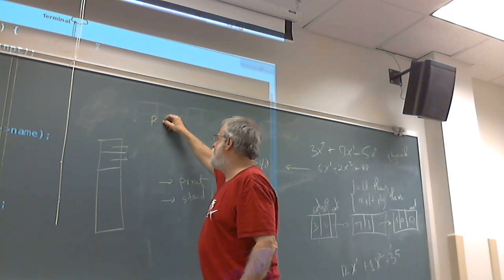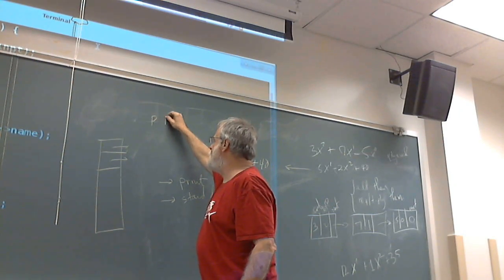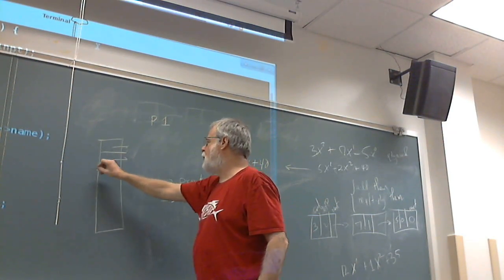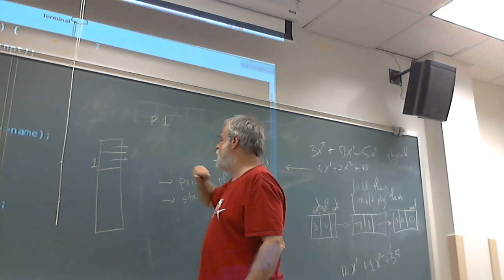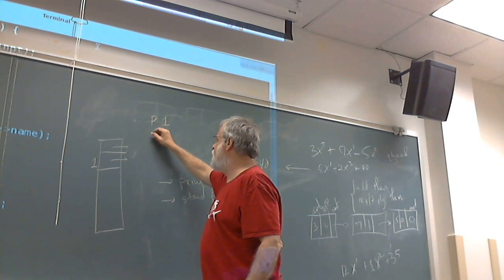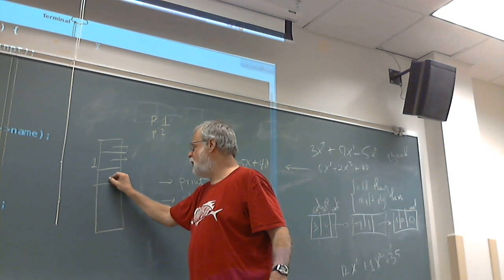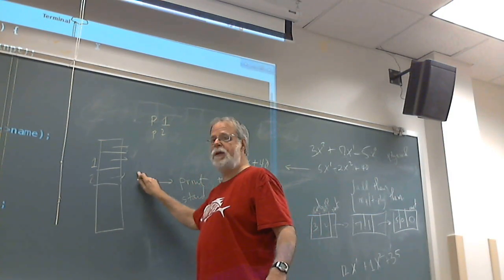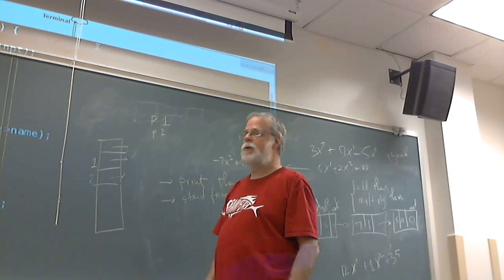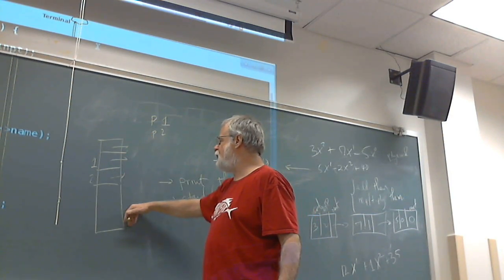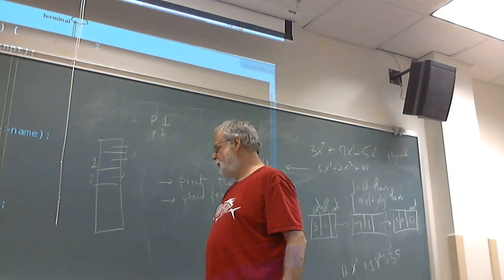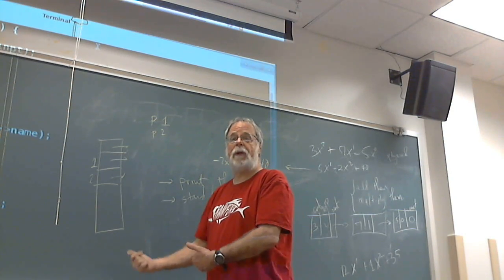If you want to print the first polynomial, we'd say something like P1. That would print the polynomial stored here at index 1. If you wanted to print the second polynomial, you'd say P2. You'd print the polynomial that's indexed here. So we'd have an array of pointers here. So rather than having a single linked list, you've got a bunch.